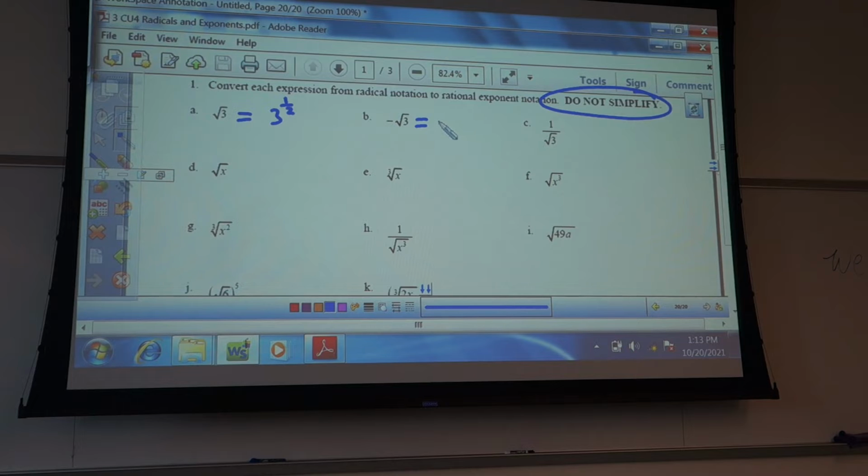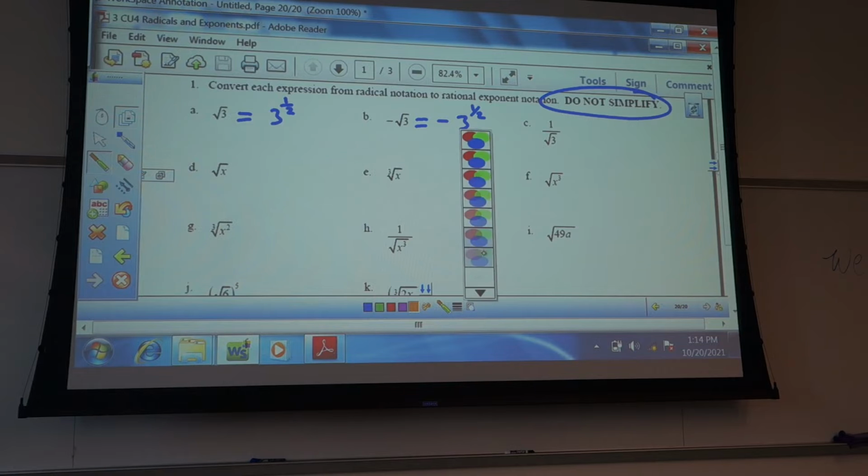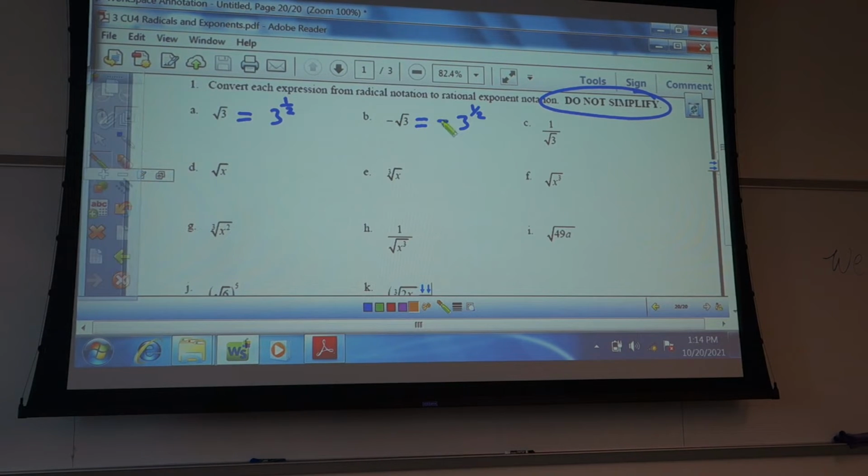Negative in front, 3 to the what? 1/2. Can people see the difference between those two? This is on the outside, so it stays on the outside.